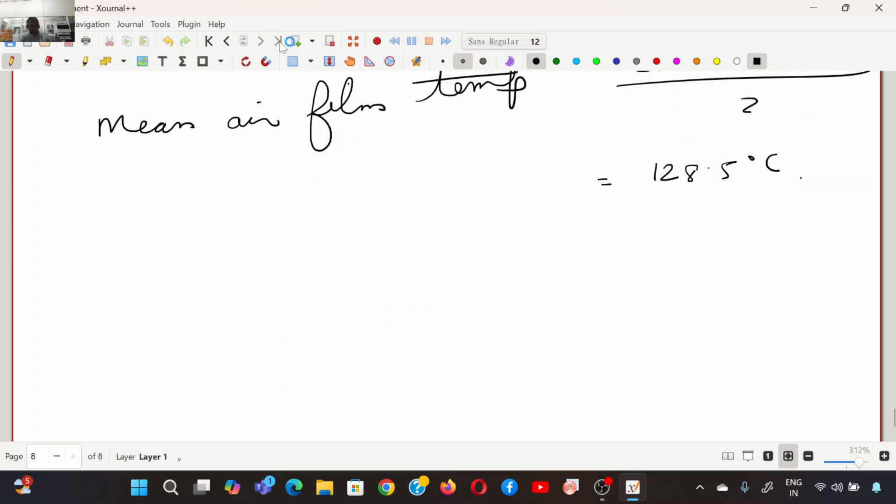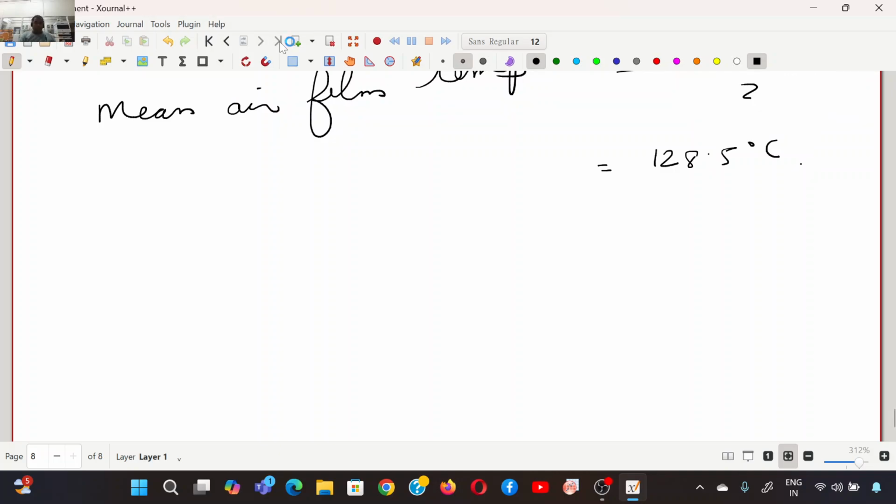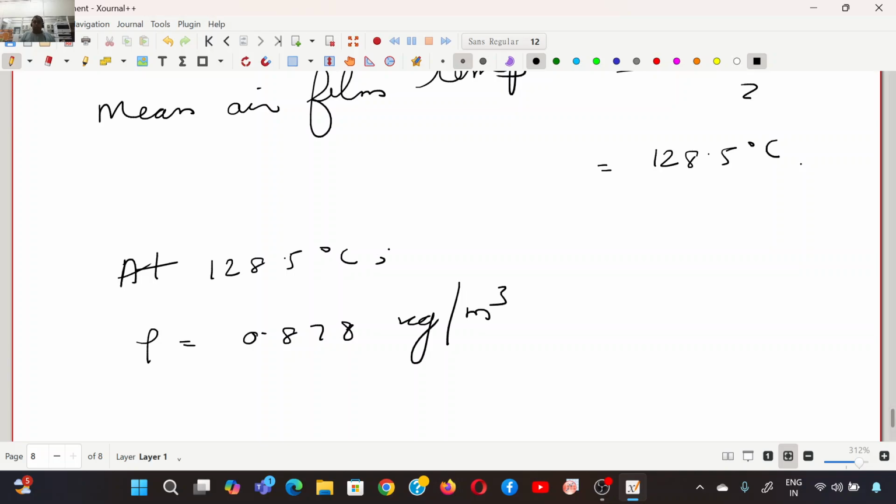You repeat the calculations and you will get a more accurate estimate of the wire temperature now. So at this temperature, 128.5, I write down all the properties. At 128.5 degrees Celsius, rho is equal to 0.878 kg per meter cube.